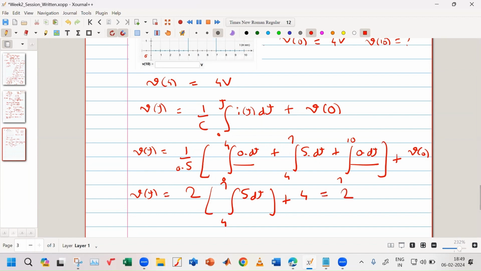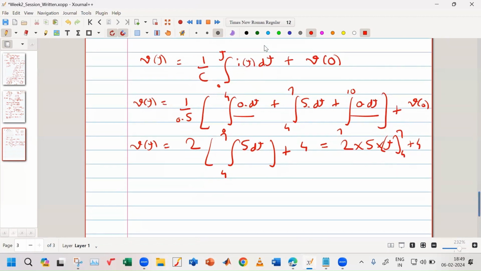So this will be 2 into 5 into (7 minus 4), plus 4. V of 10 is 10 into 3, that is 30, plus 4, which is 34 volt.